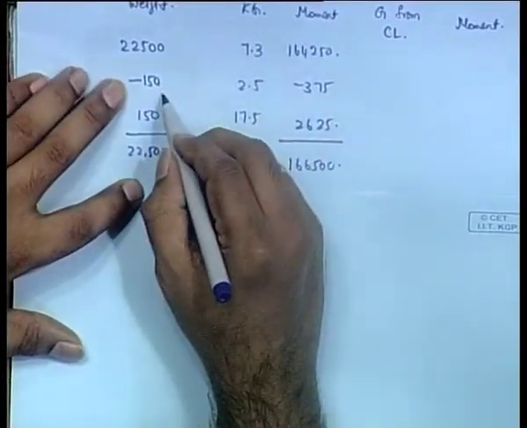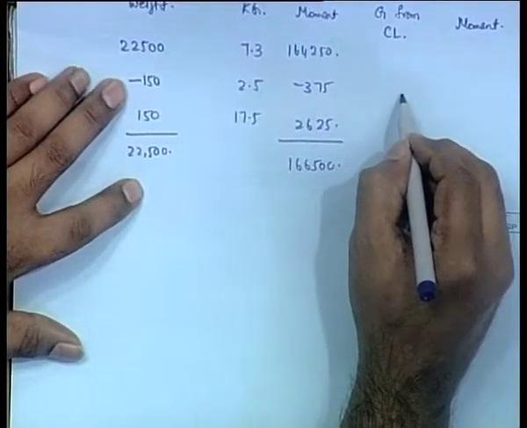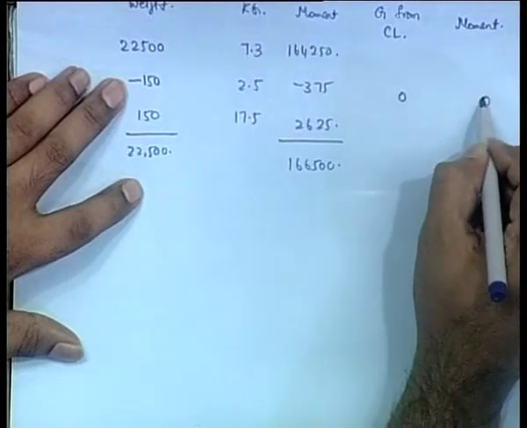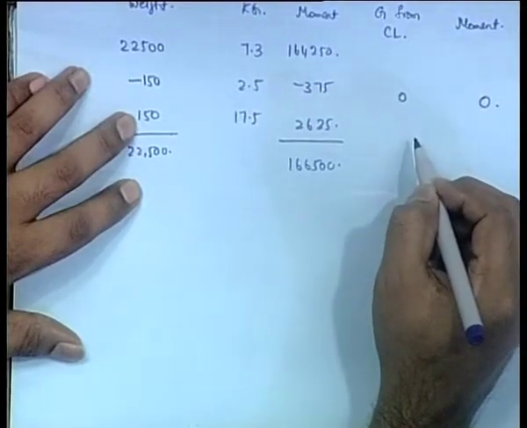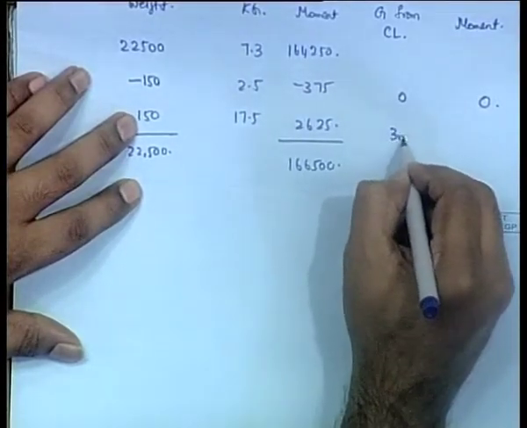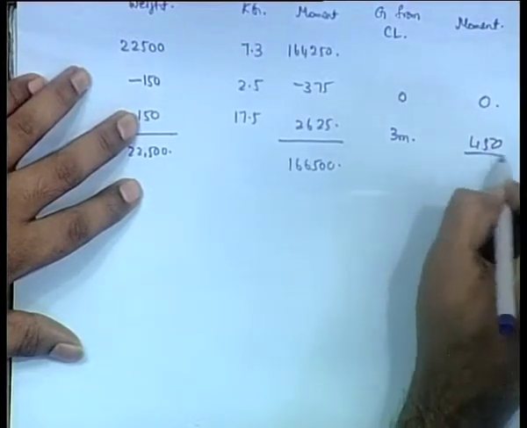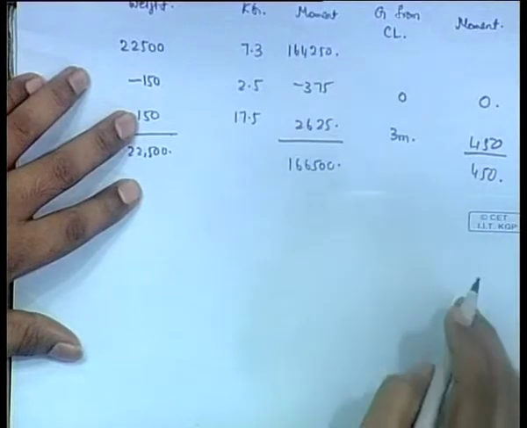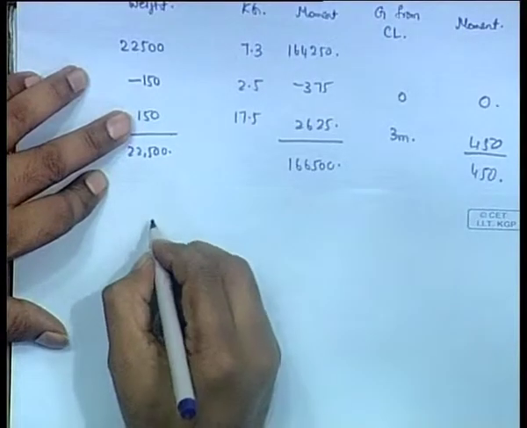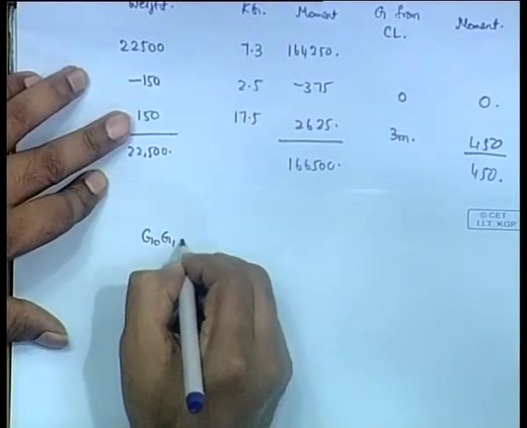So, let us see how much that will shift, that is also straightforward. Initially the weight is at the center line. So, its distance from center line is 0, moment here is 0 and then it is put at a new point 3 meters to the port. So, this becomes 450. Now, your G0 G1 is your shift in the center of gravity of the whole ship as a result of the shift in the small weight inside the ship.